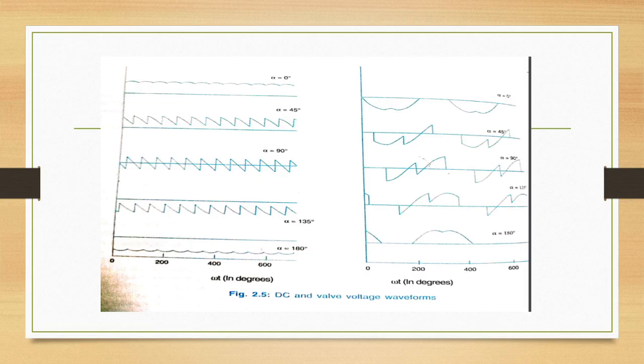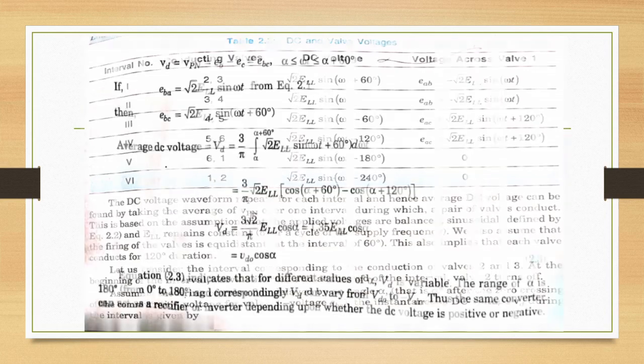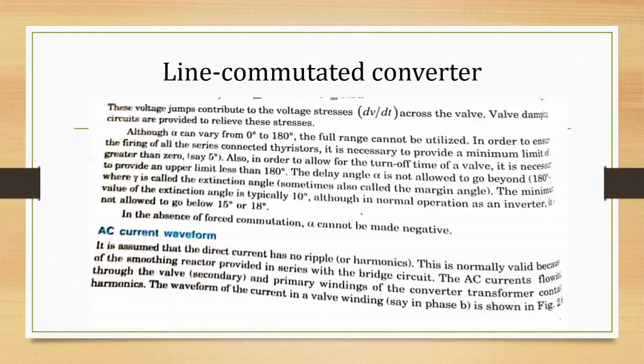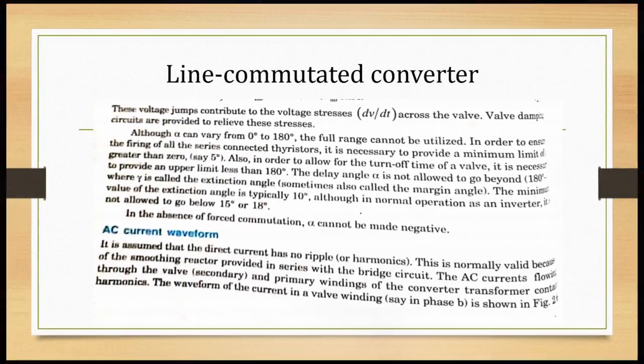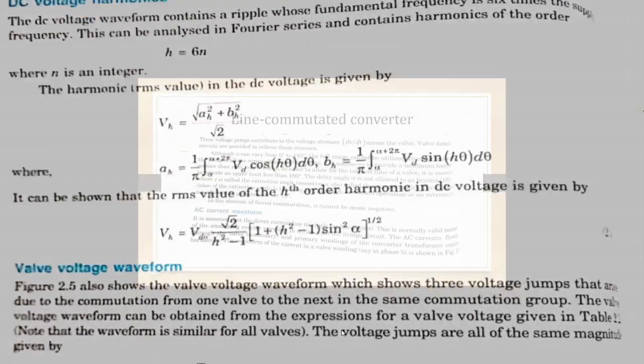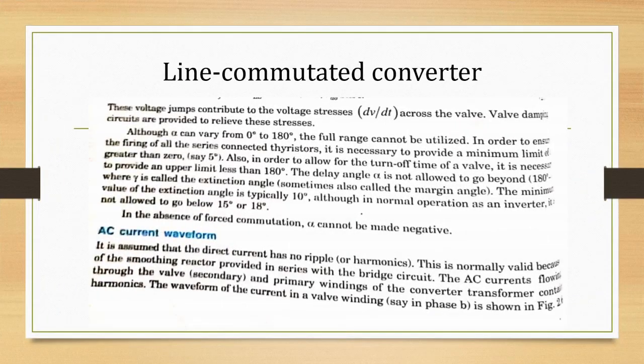The voltage jumps are of the same magnitude, given by Vj equal to root 2 ELL sin alpha, that is equal to pi by 3 Vd0 sin alpha. These voltage jumps contribute to the voltage stresses dV by dt across the valve. Valve damping circuits will be provided to relieve these stresses.